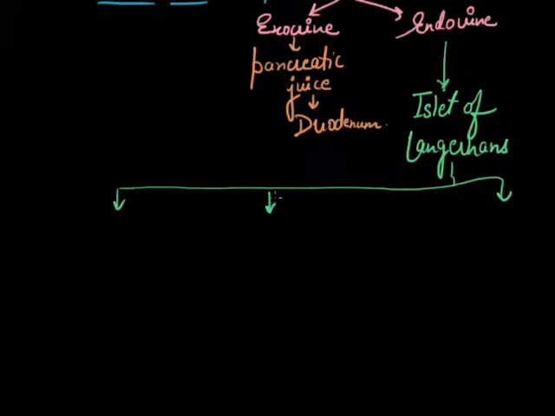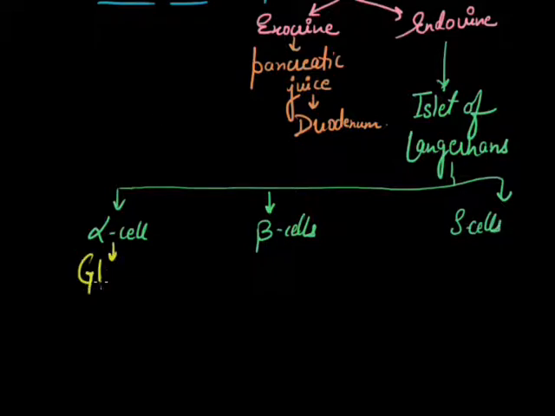Mainly it has three types of cells: alpha cells, beta cells and delta cells. Alpha cell secretes glucagon, beta cell secretes insulin and delta cell secretes somatostatin.